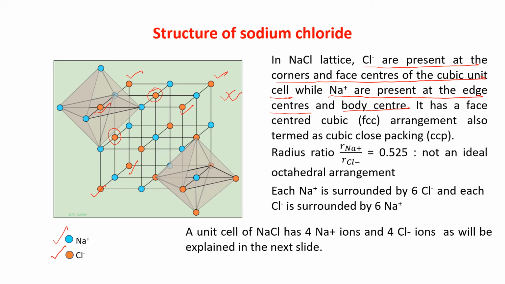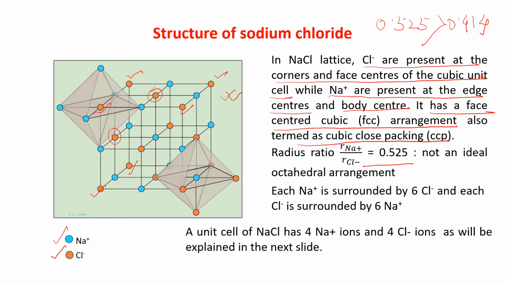Okay. Now it has a face-centered cubic arrangement. This is very important. It has a face-centered cubic arrangement and is also termed as cubic close packing, CCP. Now if you find out the radius ratio that I already showed you, it is coming to 0.525. Now 0.525 is greater than 0.414.